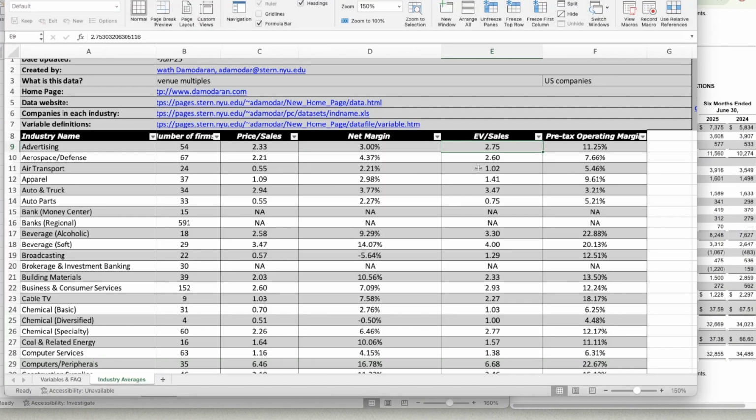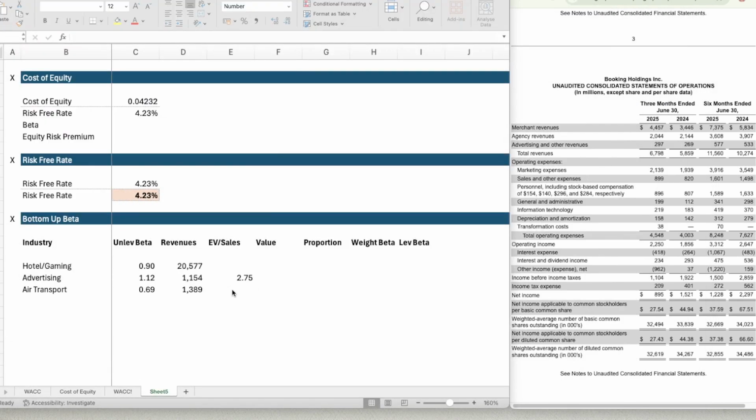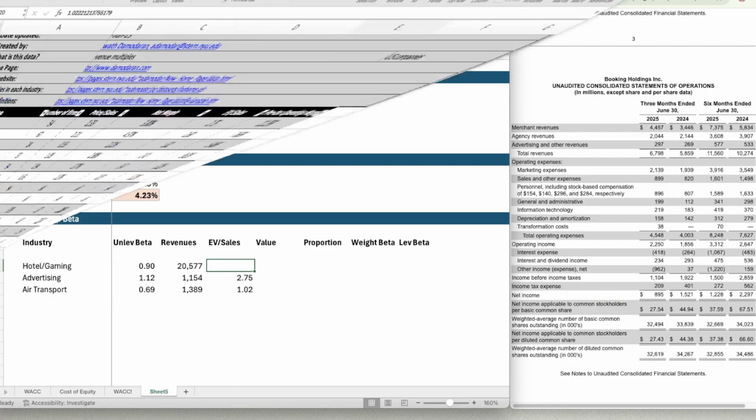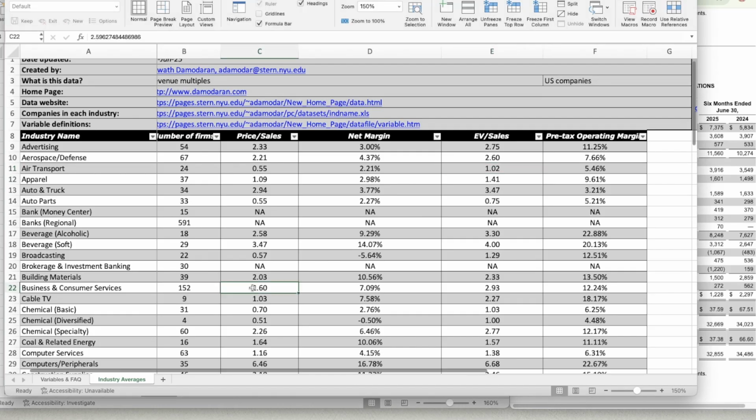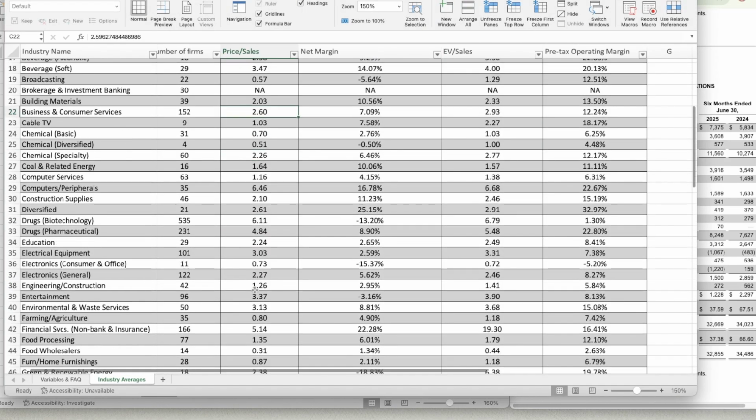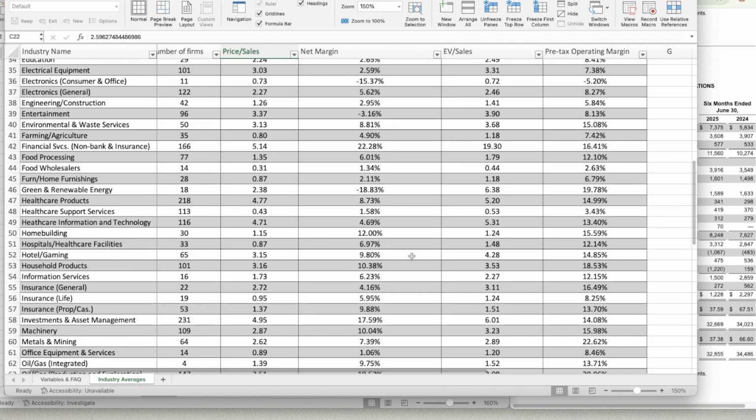Air transport 1.02. Then hotel and gaming, which is obviously the largest, 4.28. Wow.